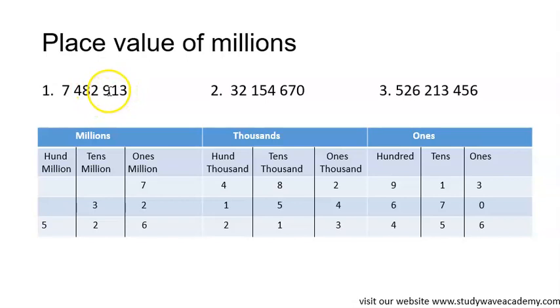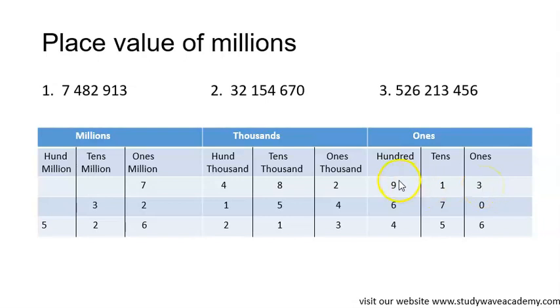So first we start with the last digit at our right, okay? Here the last digit is 3, but in this column we have 913, right? So this is in the ones, this is in the tens, and this is in the hundreds. So 3 in ones, 1 in tens, and 9 in hundreds, okay?